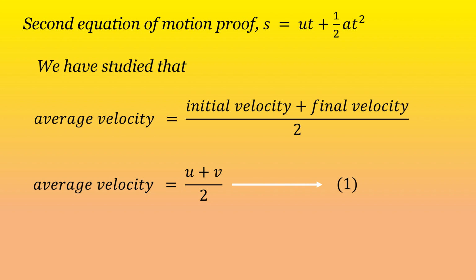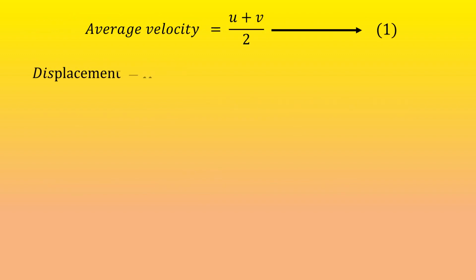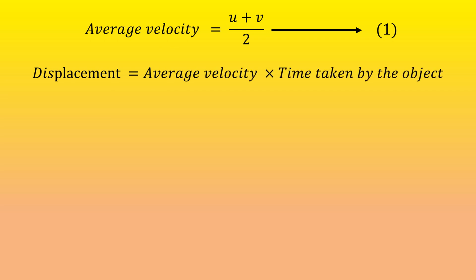Let's say this is equation number 1. We also know that displacement is equal to average velocity into time taken by the object. So replacing the average velocity, displacement s is equal to u plus v divided by 2 into time taken, that is t.